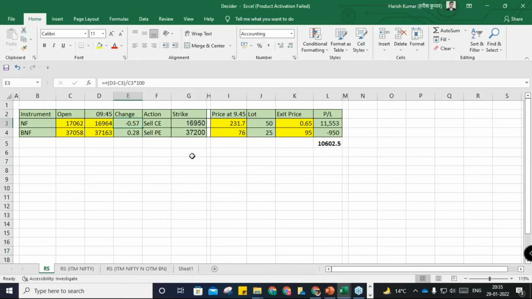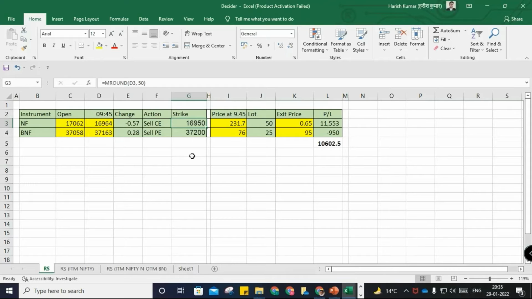So what we will do as per our strategy, we will sell the put option of the stronger index, that is Bank Nifty. And which put option? We'll sell the ATM put, that is 37,200. And we will sell the call option of Nifty, which is the weaker index. ATM is 16950.